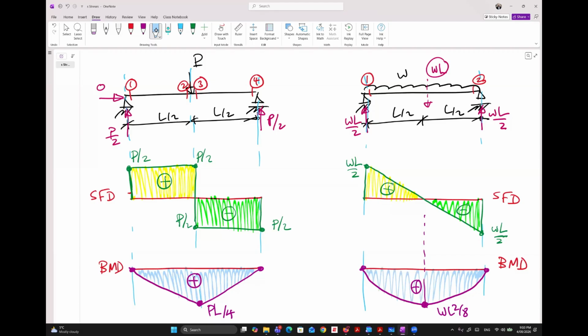Okay, so this is the point load, case number 1, and here we have the uniformly distributed load, case number 2. Okay, and that's it for the shear force and bending moment diagrams.